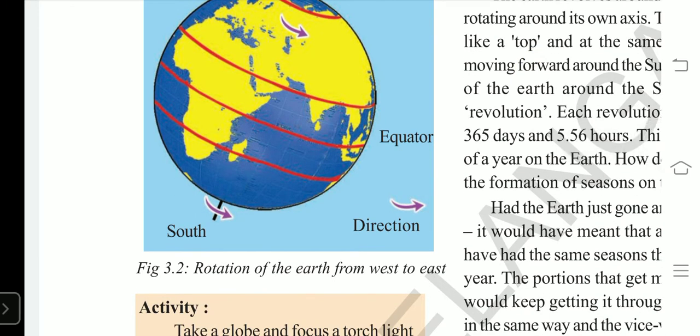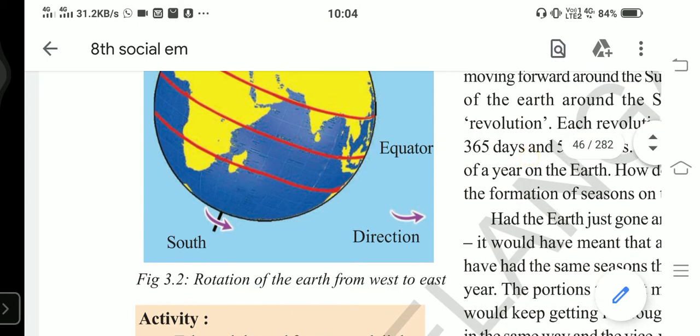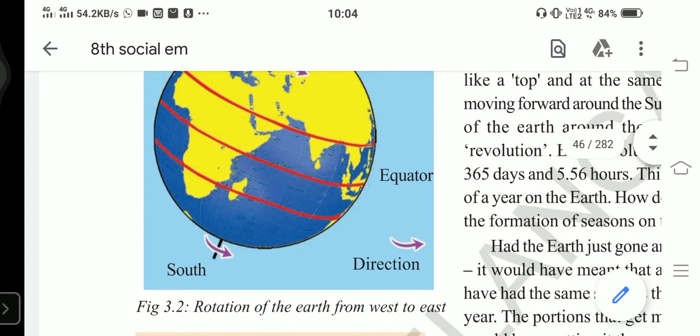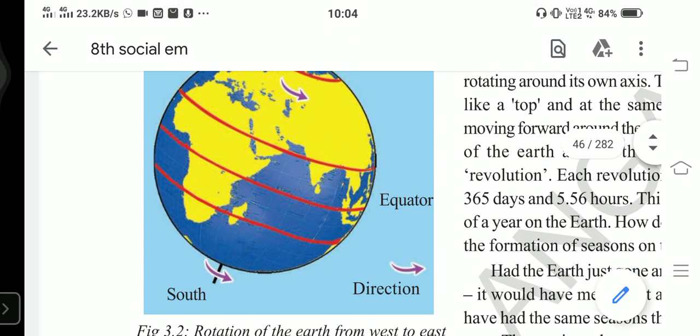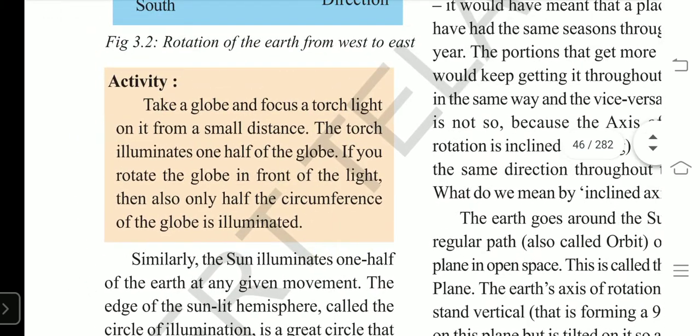This variation in exposure to sunlight greatly influences the local temperature and causes wind movements. The rotation of the Earth is the reason for the formation of day and night. To understand this, you are given one activity. Here is an activity.